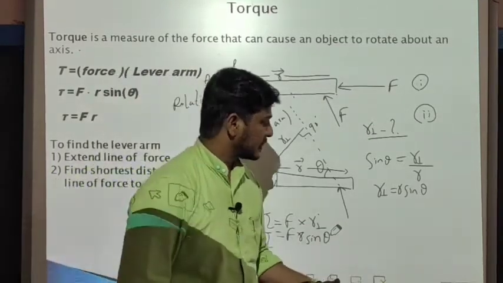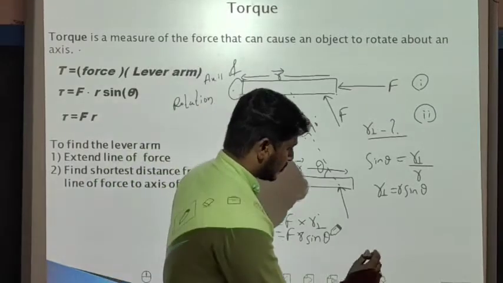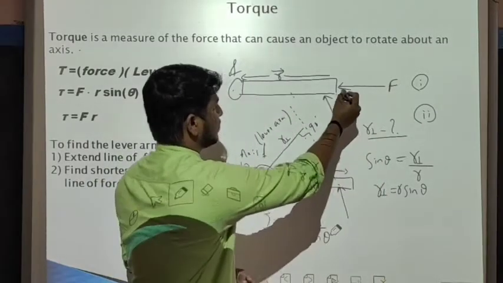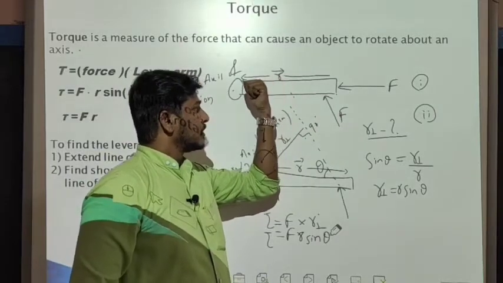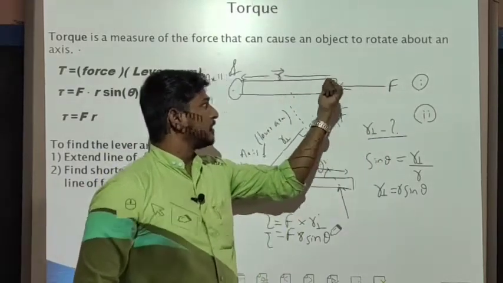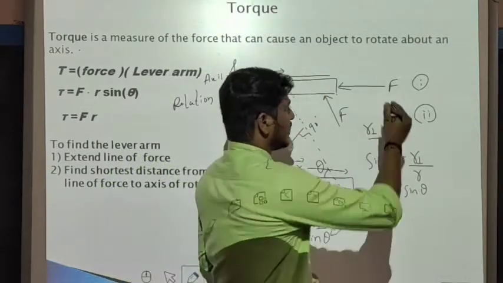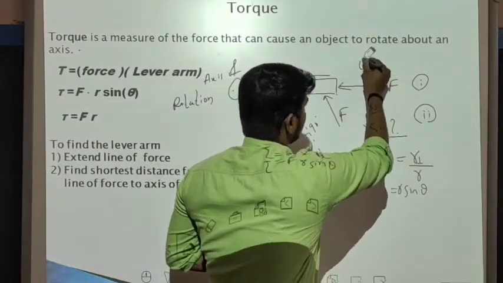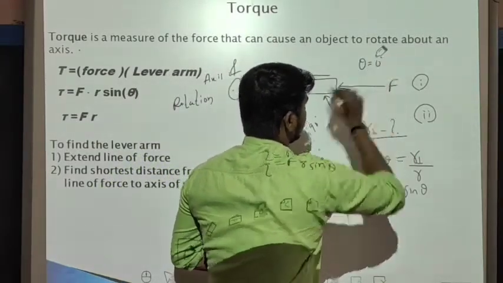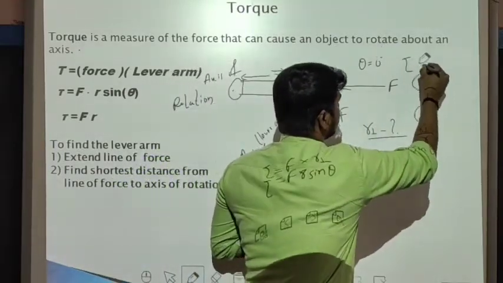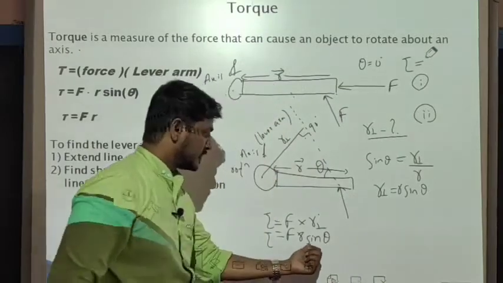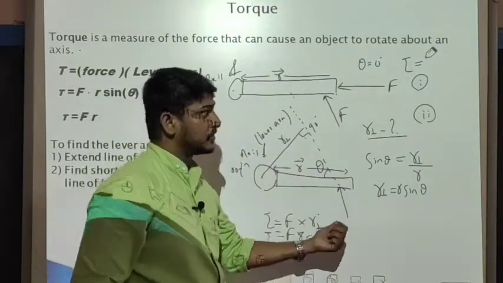Let us suppose I take two cases. For the first case, we have applied force parallel to the distance vector, that is the angle between them is theta equal to 0 degree. For this case torque becomes tau equal to 0, since sine 0 is equal to 0.